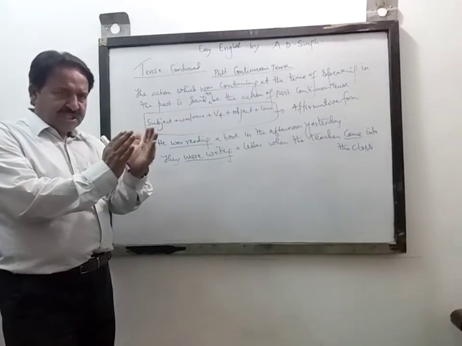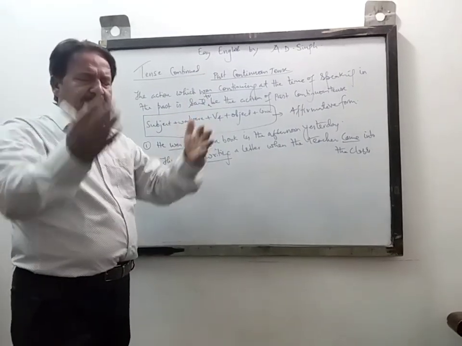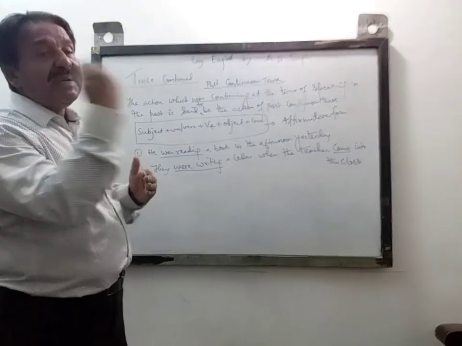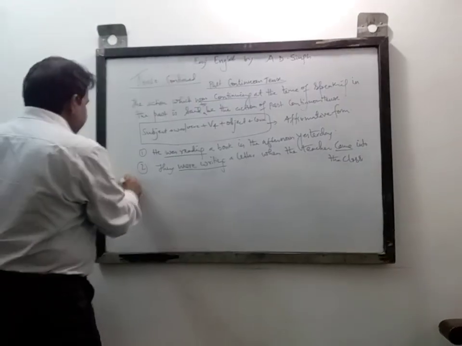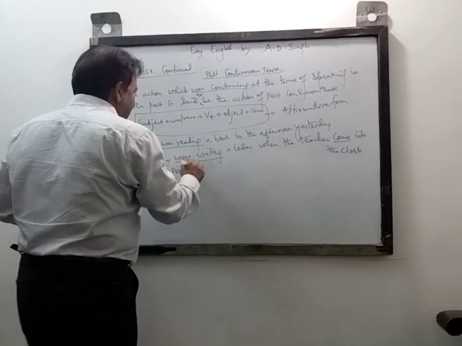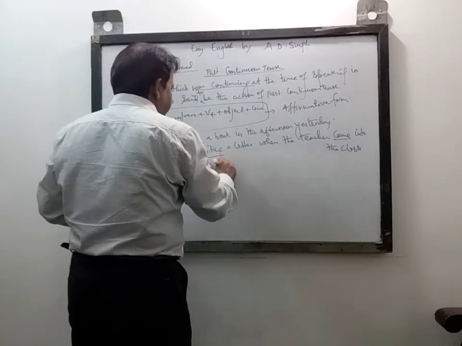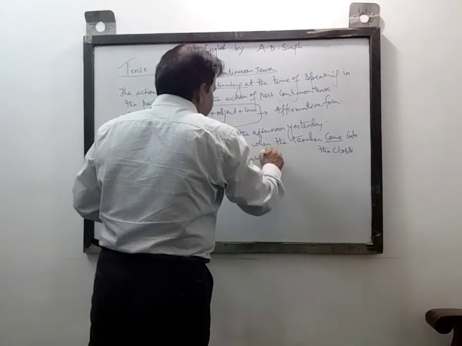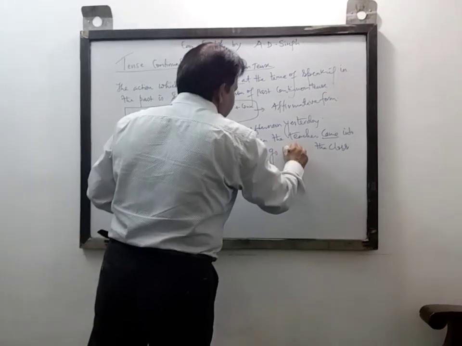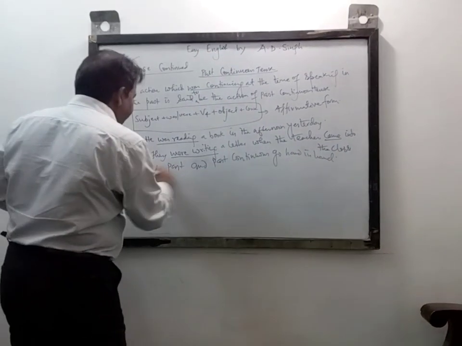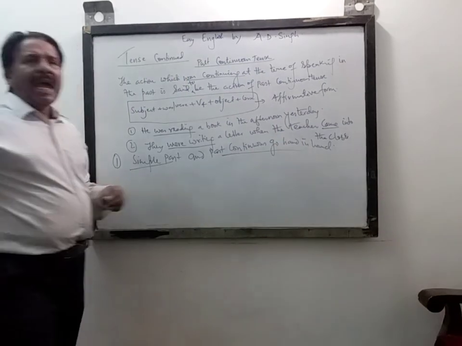When two actions are taking place in the past at the same time, one will be simple past, other will be past continuous. So the first case is: simple past and past continuous go hand in hand. Hand in hand means together.